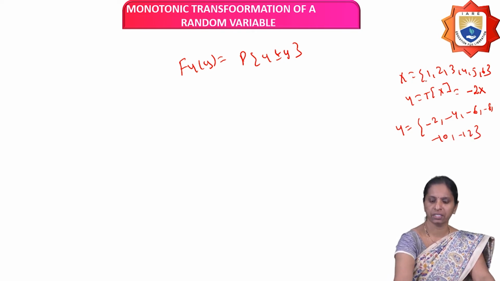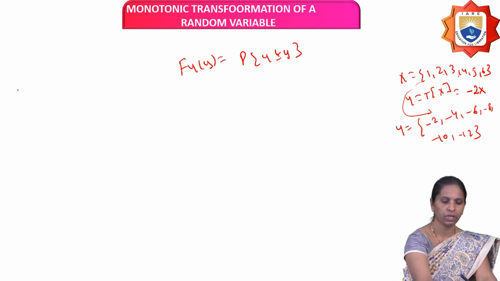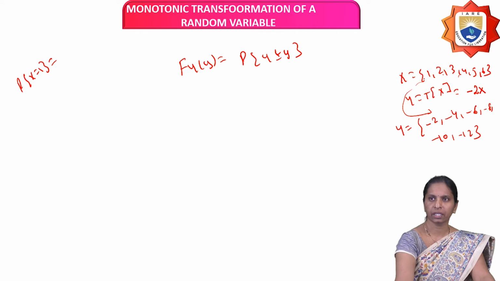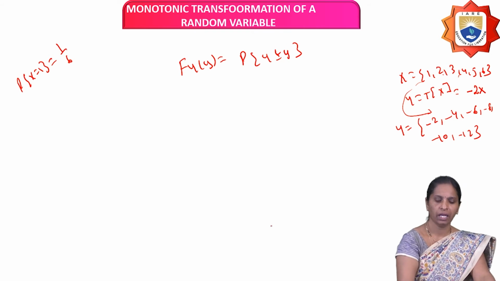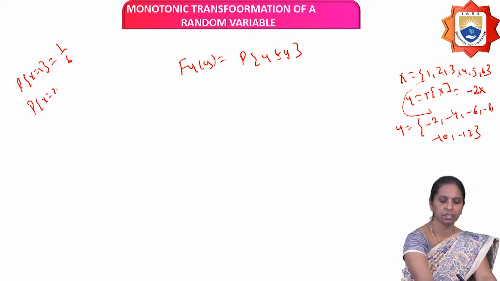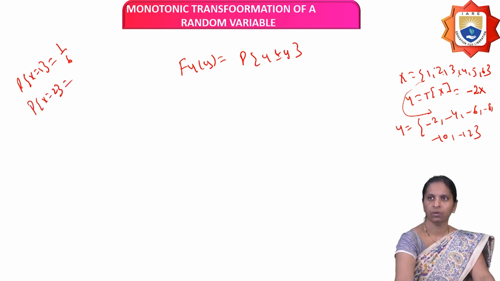So 1 corresponds to the value minus 2, 2 corresponds to minus 4, and 3 corresponds to minus 6. Then what is the probability that X equals 1? How many favorable outcomes? 1, and total outcomes are 6, so 1 by 6. And the probability that X equals 2?